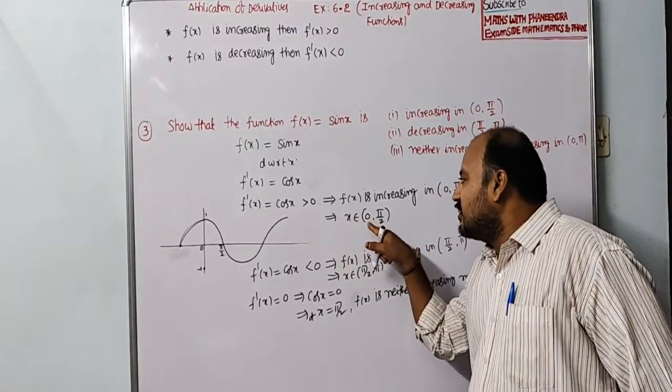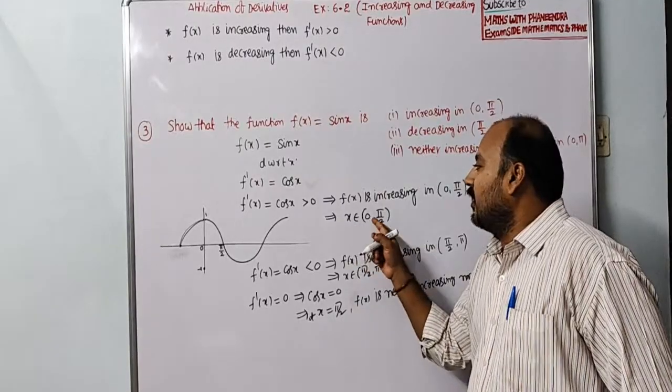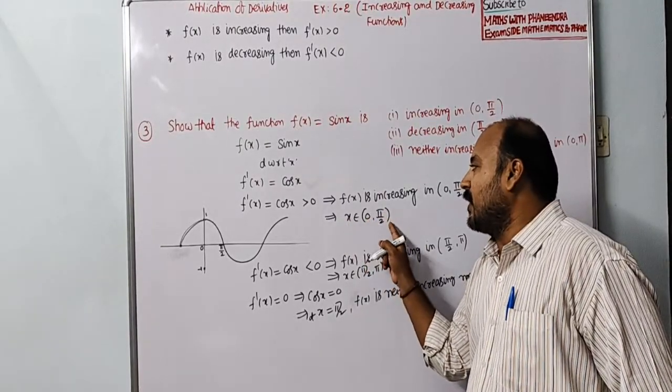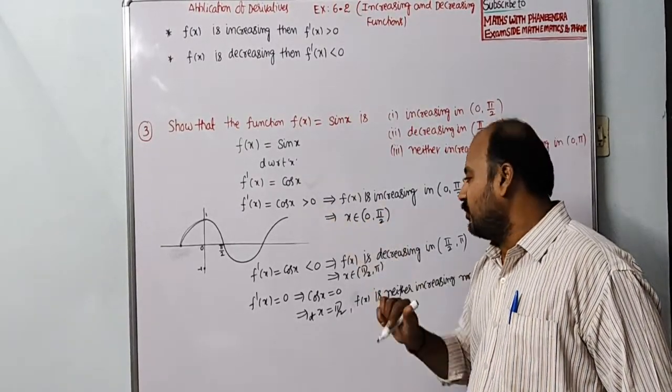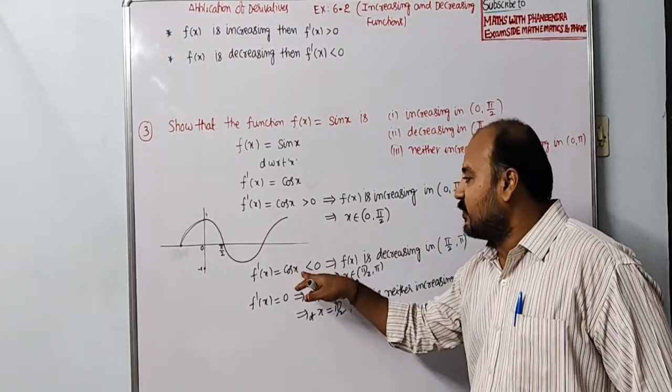So for x belonging to 0 to pi by 2, the function is greater than 0 and it is increasing. For x belonging to pi by 2 to pi, the function is negative, that's why it is decreasing.